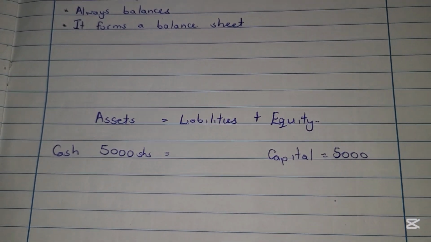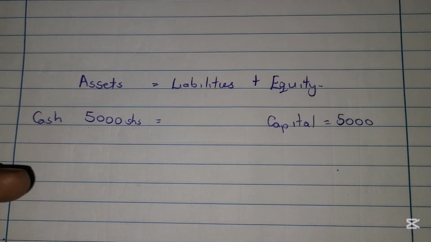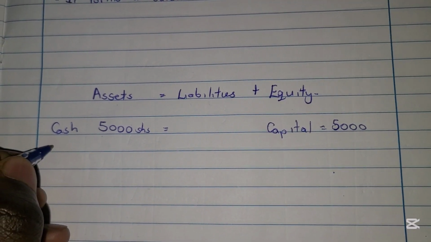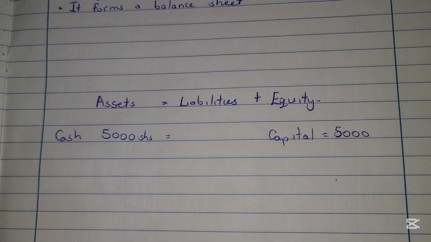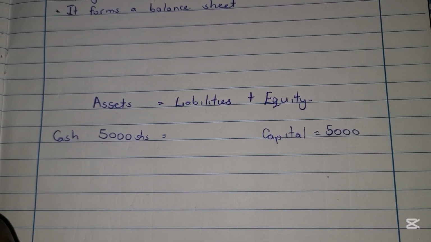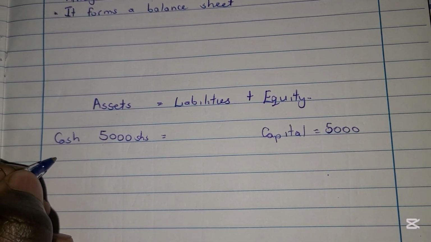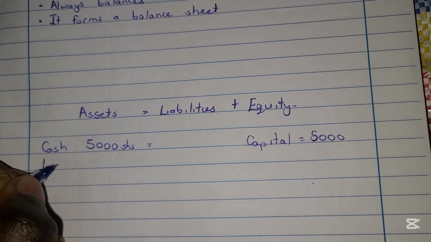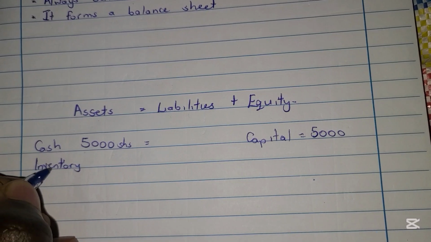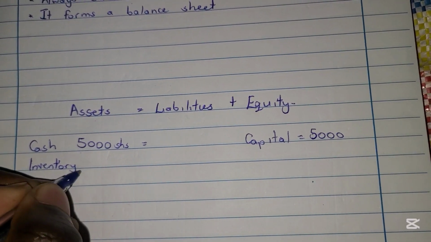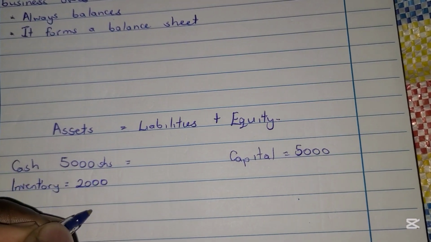Now, for example, you make a budget and you say, I'm going to buy popcorn cones for 2,000, and also buy cooking oil for 3,000. For that we consider it to be inventory. Those cones are inventory. That will be 2,000 for the cones.